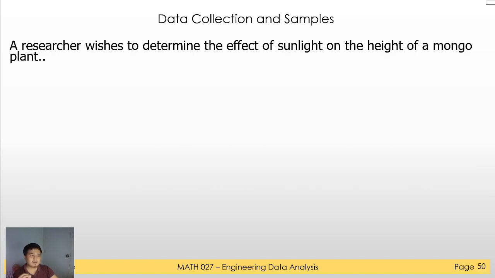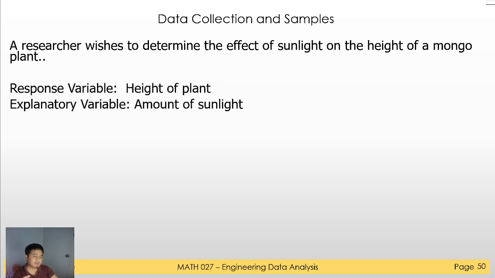So let's say we have a scenario wherein we want to determine the effect of sunlight on the height of a mango plant. You can imagine if we have higher sunlight, it might grow faster than the one without sunlight, right? So the independent variable or the explanatory variable can be modified, which is the amount of sunlight, and then the height of the plant is the response variable or the effect.